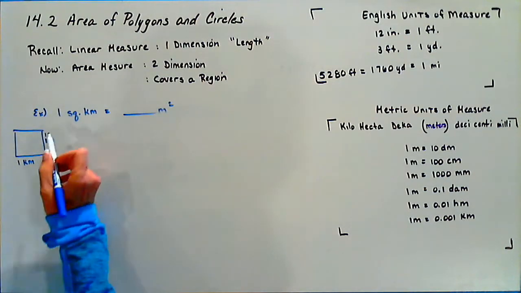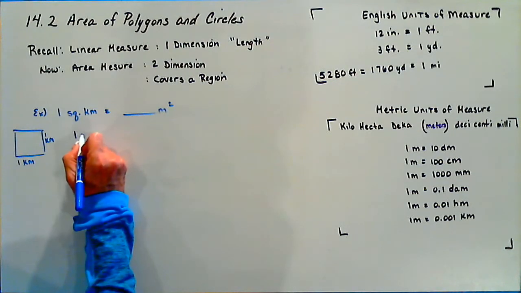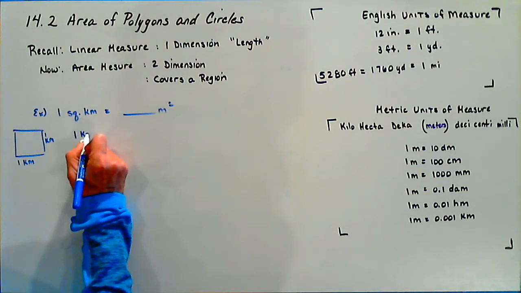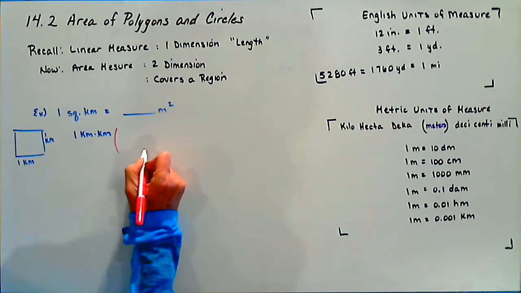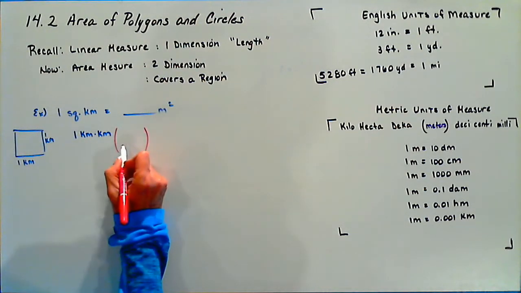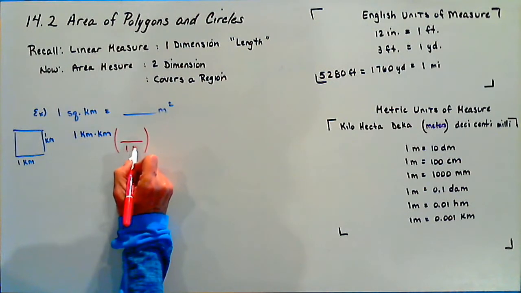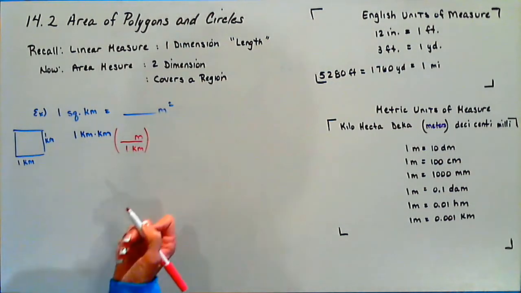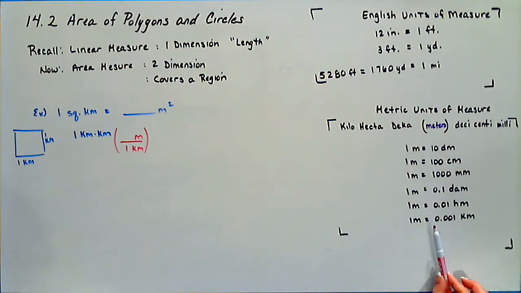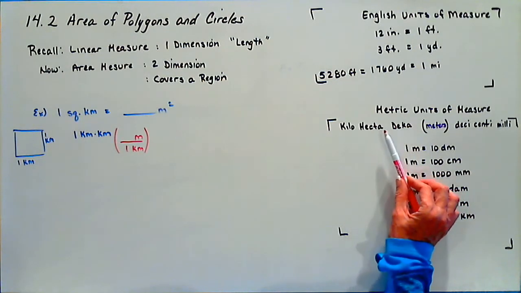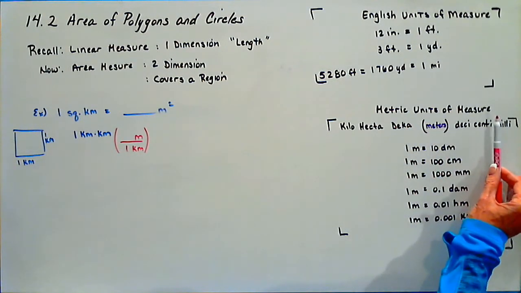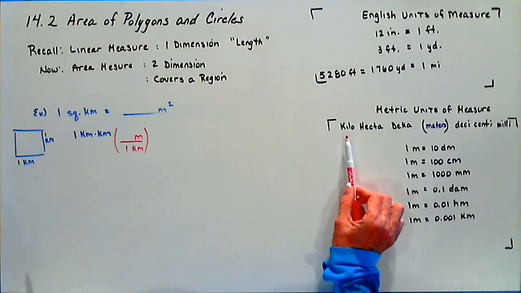I'm going to start with 1 kilometer squared. 1 square kilometer is a kilometer times a kilometer. If I want to get rid of 1 kilometer and I want to know how many meters it is, I can start, of course, with my conversion facts here. I'm going to choose to use our little acronym, King Henry died drinking chocolate milk. And I'm starting with 1 kilometer, and I want to know how many meters that is.